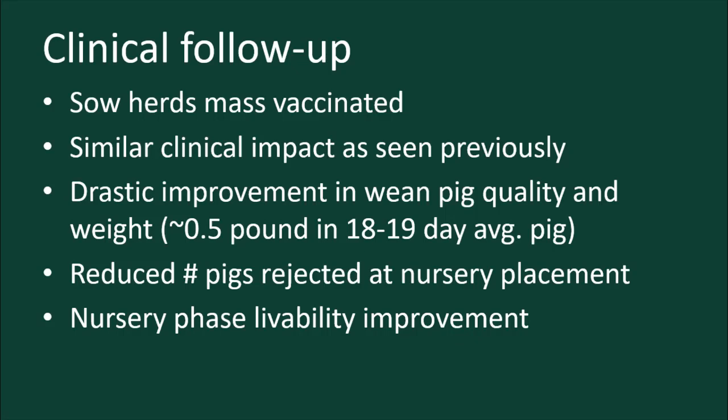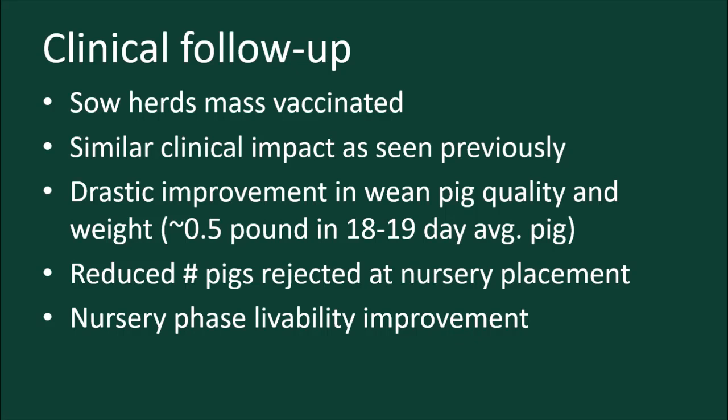So we mass vaccinated those sow herds. We've just recently started weaning pigs out of those mid-gestation groups and starting to see a clinical impact as what I described on the other farms. We have seen already a drastic improvement in wean pig quality and weight, which for these farms is very significant.